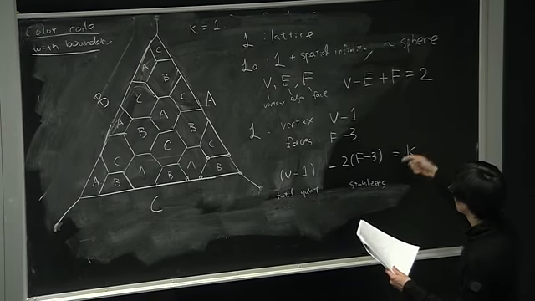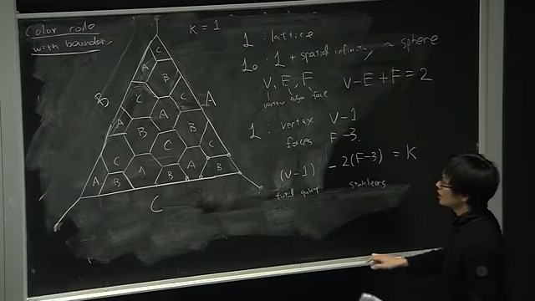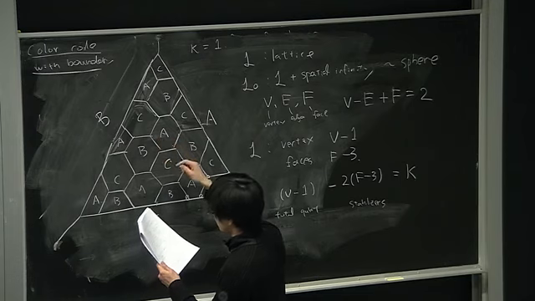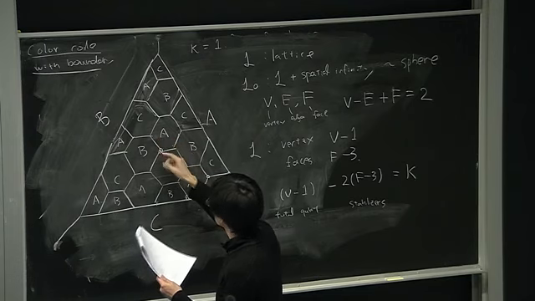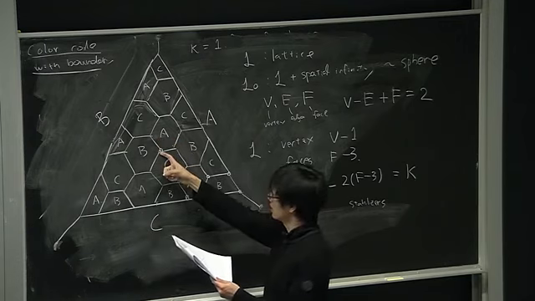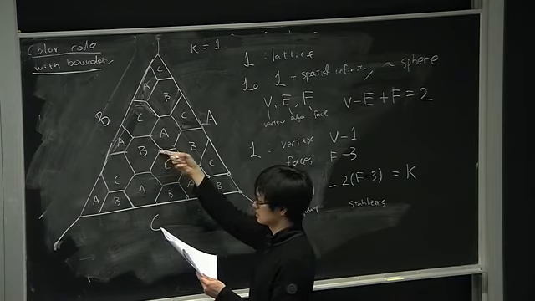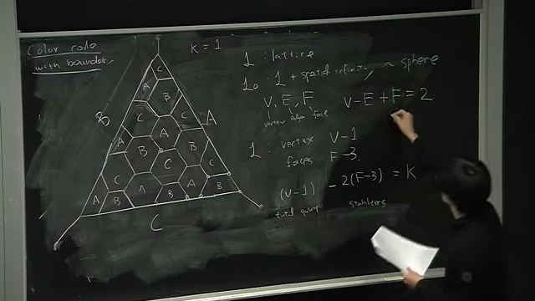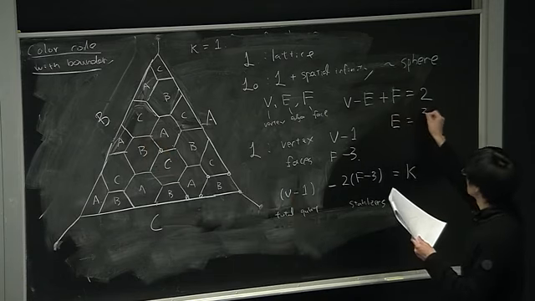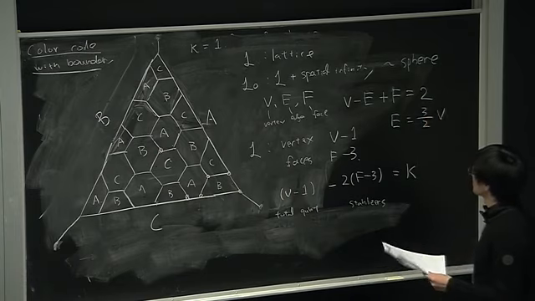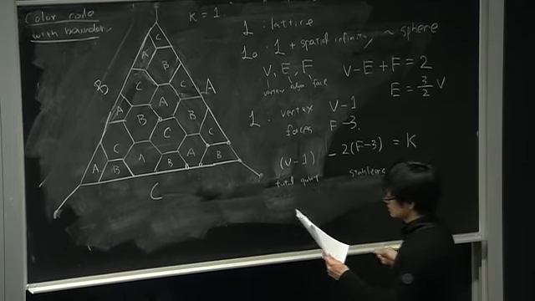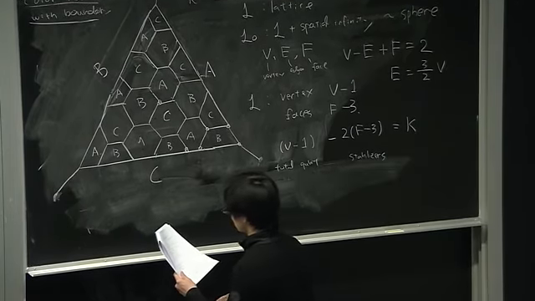But to find the value of k, we use this important property: given a vertex, there are 3 edges. But each edge is shared by 2 vertices, which means that E must be 3v over 2. So if we combine these 2 things, what do we get?